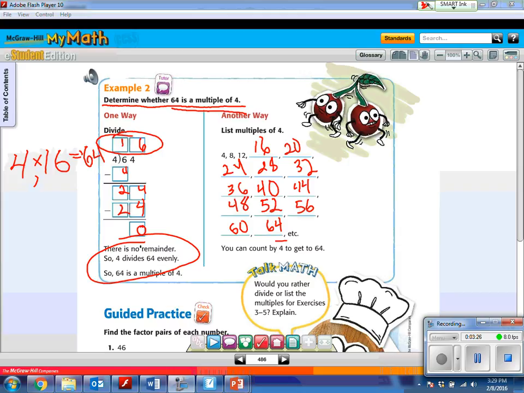So now what I can do is I can think to myself, okay, 4 times 16 equals 64. And why is that? Because I have 1, 2, 3, 4, 5, 6, 7, 8, 9, 10, 11, 12, 13, 14, 15, 16. I have 16 of those.